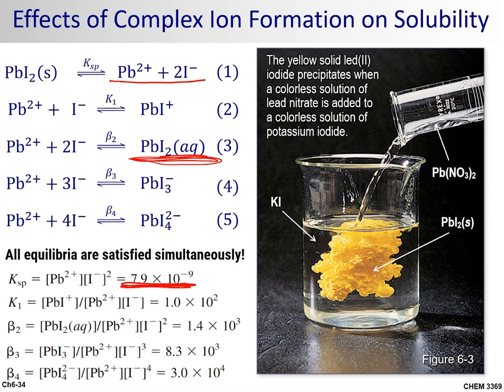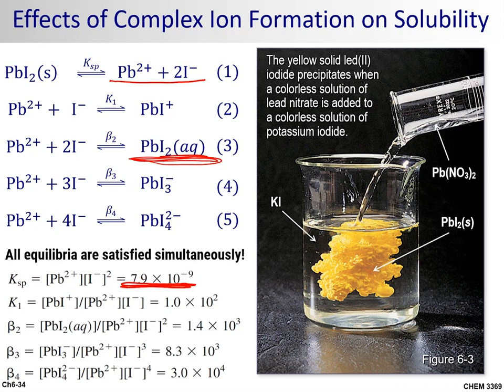So now the concentration of Pb2+ that satisfies the first equilibrium, the top reaction, must satisfy all the equilibria in which we see Pb2+ concentration. Because in your solution, there can be only one concentration of Pb2+.